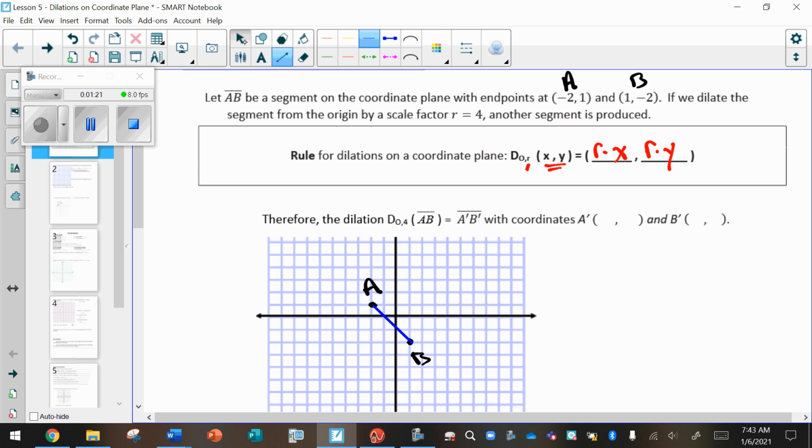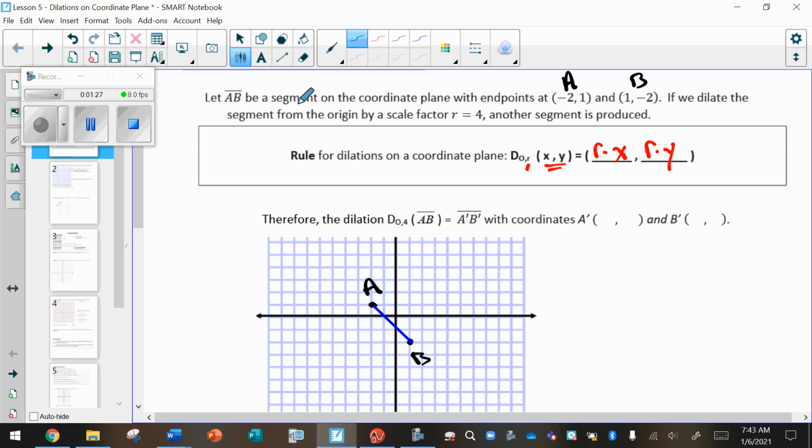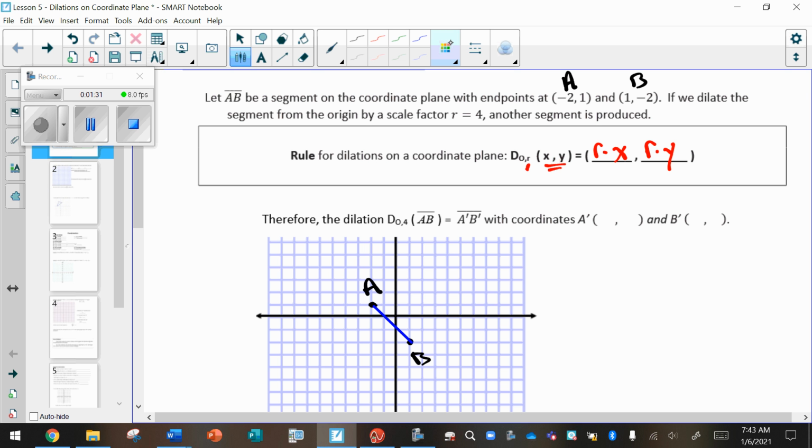basically what that means is count the distance using the squares on the grid, kind of like you would count slope. With the compass and straight edge, we would go from the center of dilation, draw a line from that center of dilation through the image point, so that would be up 1 over 2, up 1 over 2, and so on.